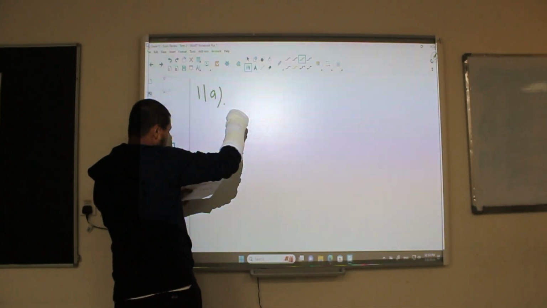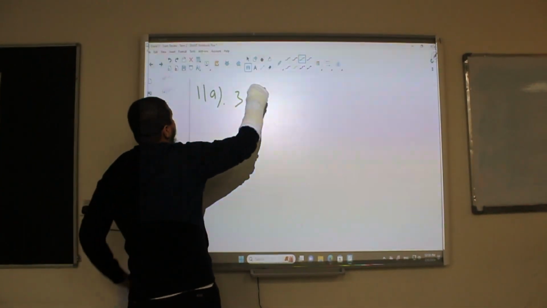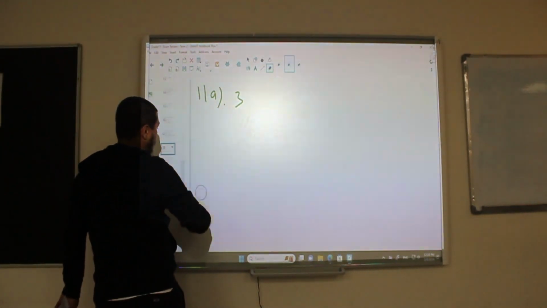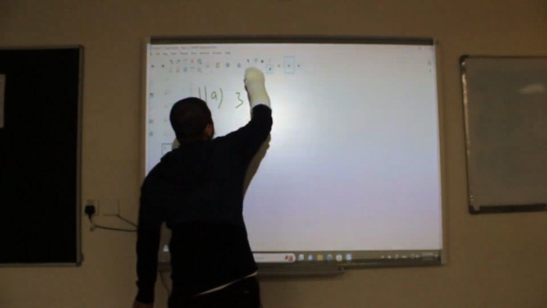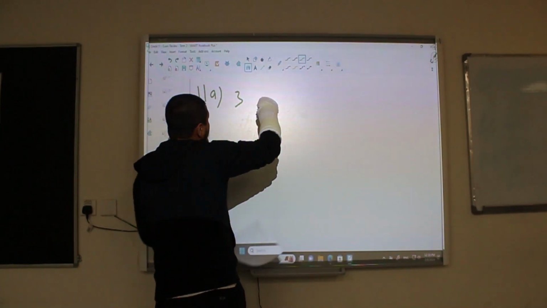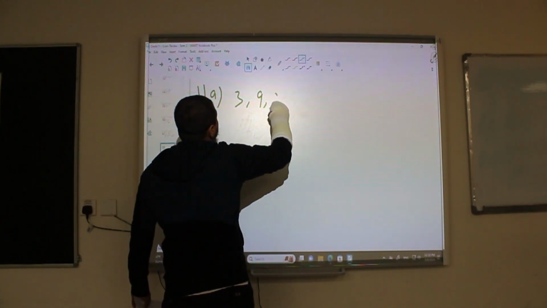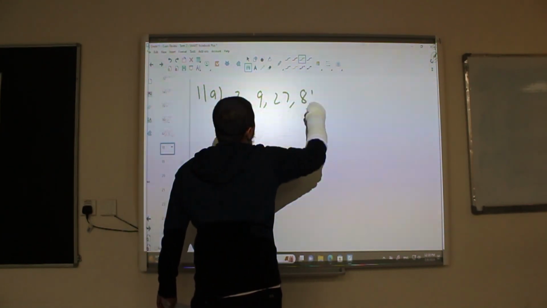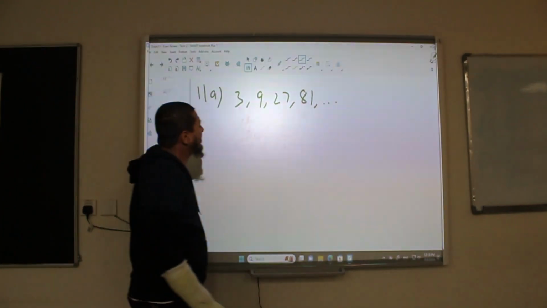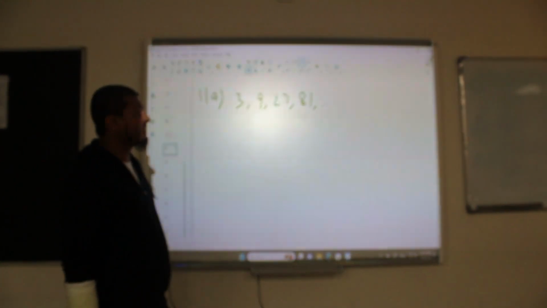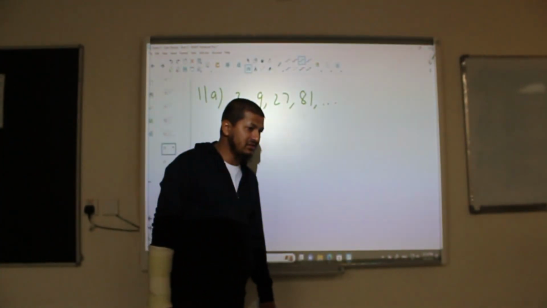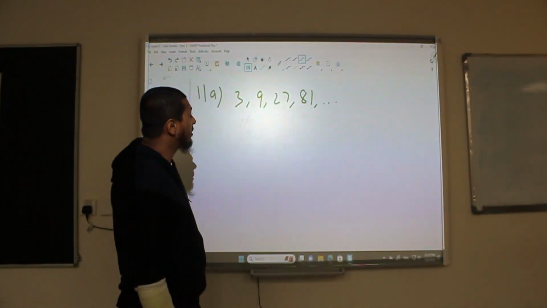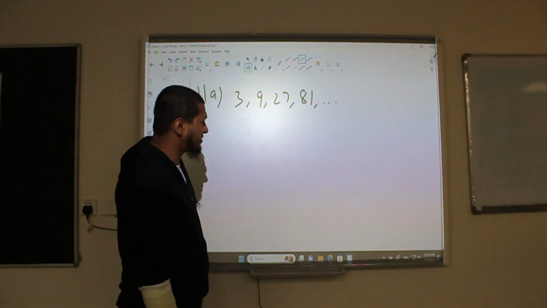In 11a, we have 3, 9, 27, 81, and so on. What we can see is that we are multiplying by 3 each time, so you need to say the sequence is geometric, because whenever you multiply or divide, the sequence will be geometric.